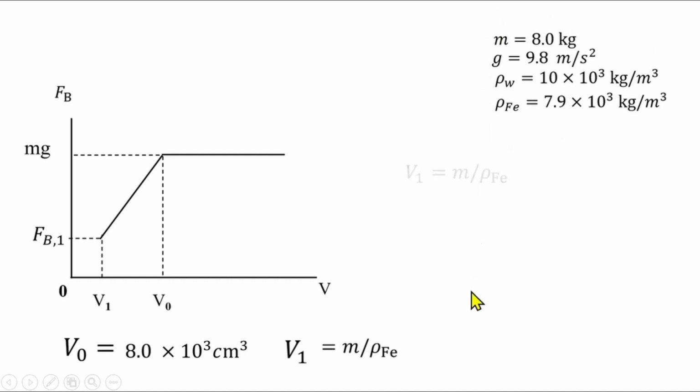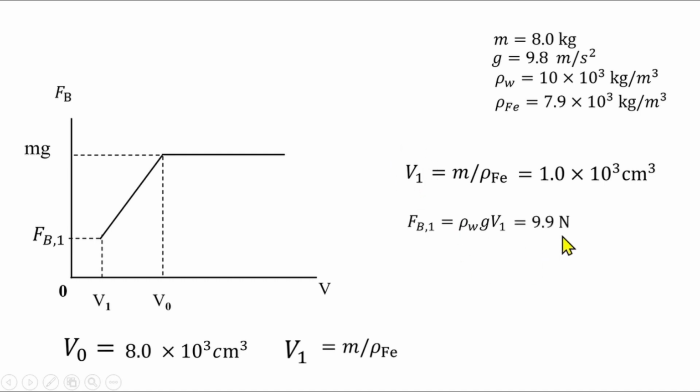We calculate V1 using mass and density of iron, and we will have this number. You can check this yourself. And then we calculate the buoyant force which corresponds to this volume. It is equal to 9.9 newtons. And mg, we calculated previously, equals 78 newtons.